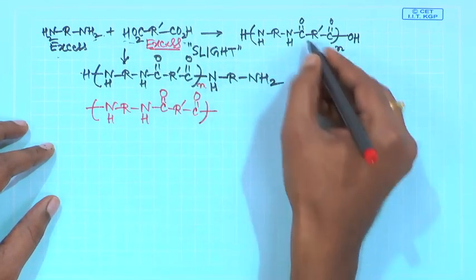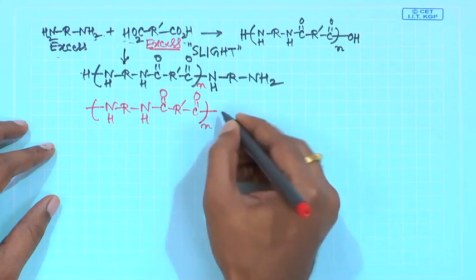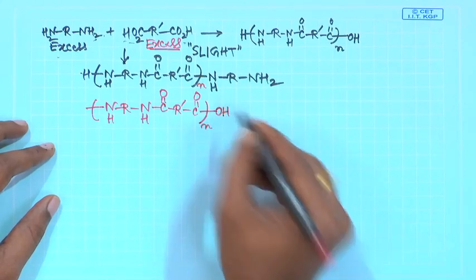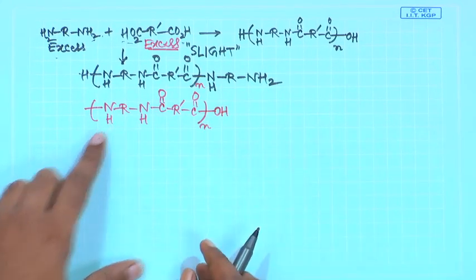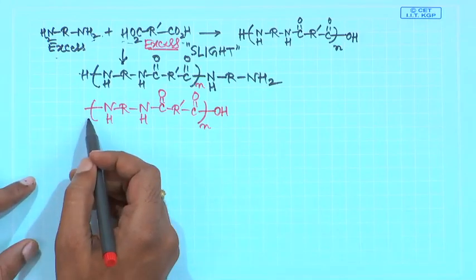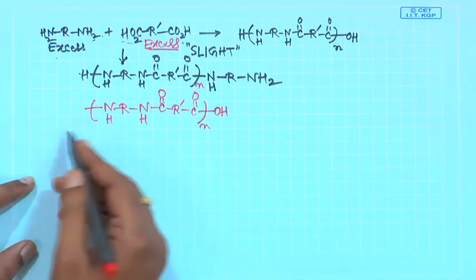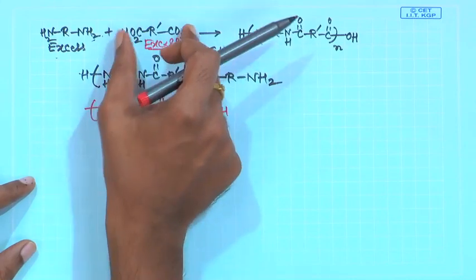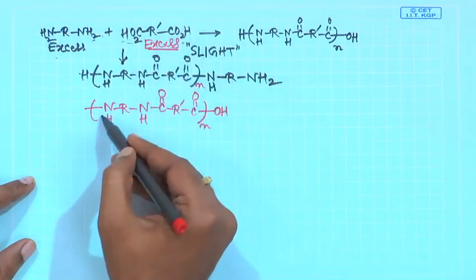Of course, here I forgot to put N, you have to put N, and then you have OH on this side. Now, this side you have an amine, you have to form an amide bond, because it has to end with an acid. So, you have to react this with another molecule of the acid. So, this will be an amide bond here.